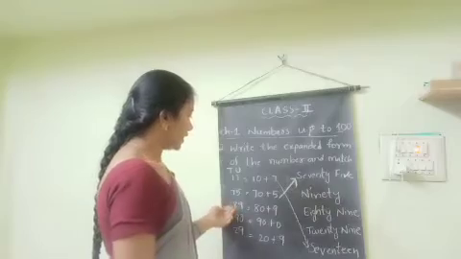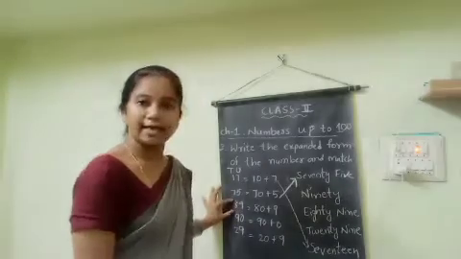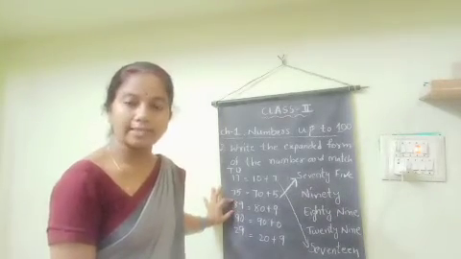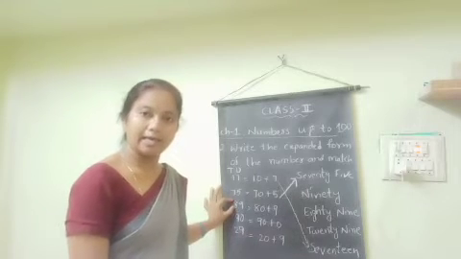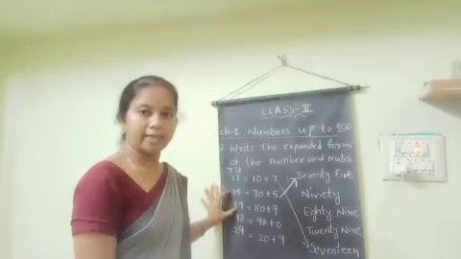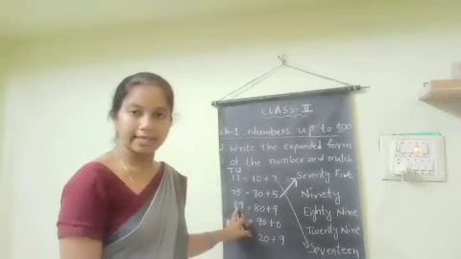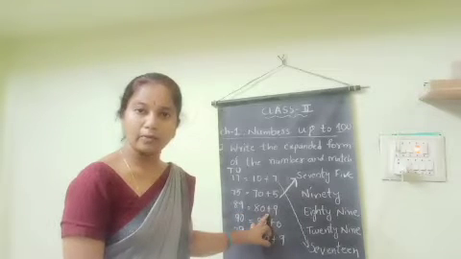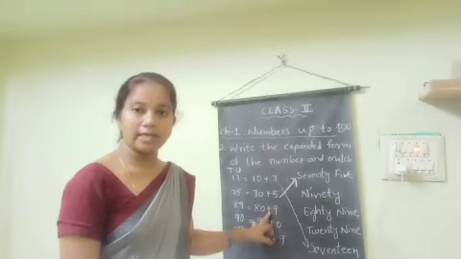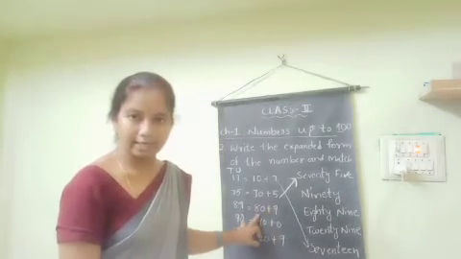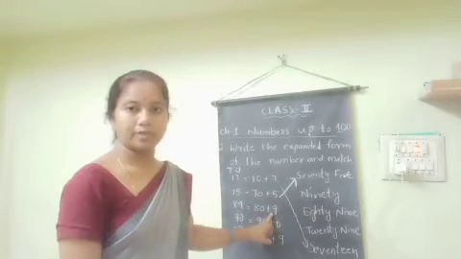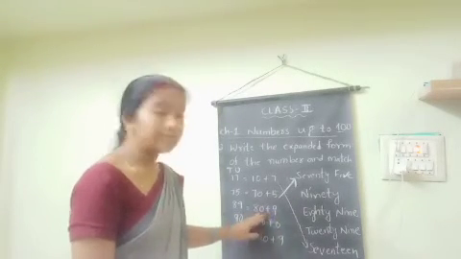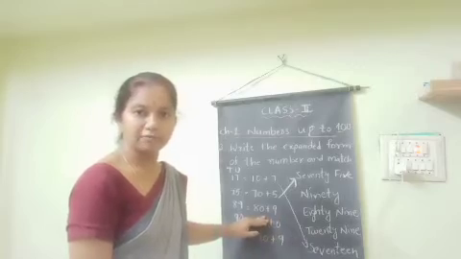So you should match this 75 with the number name. Next number is what? 89. How to read this 89? Correct, 89. In this 89, how many tens do we have? 8 tens. So 8 tens are written as 80 and 9 ones are written as 9. So 80 plus 9. This is the expanded form.